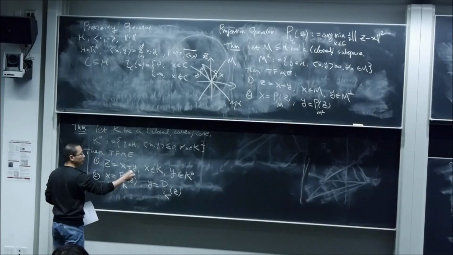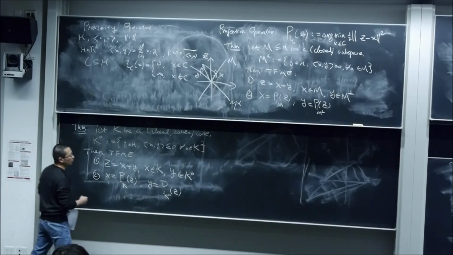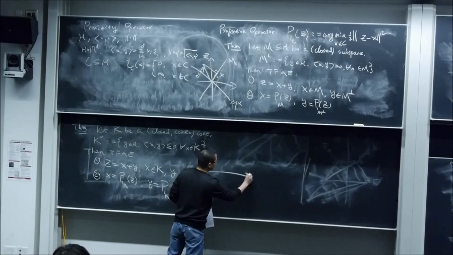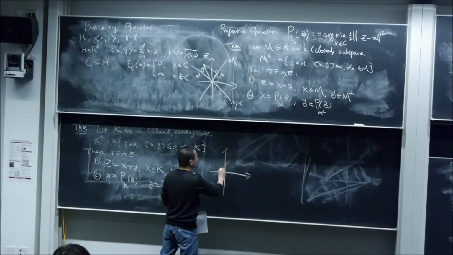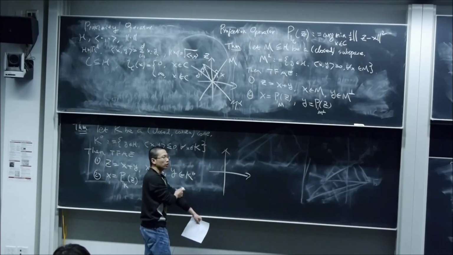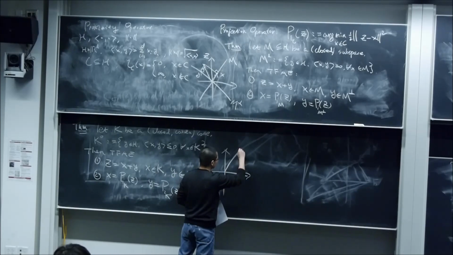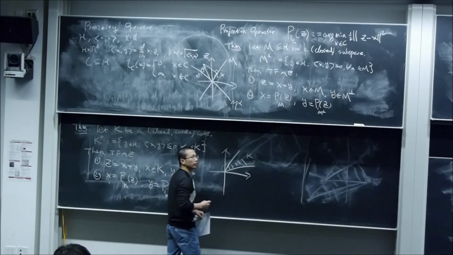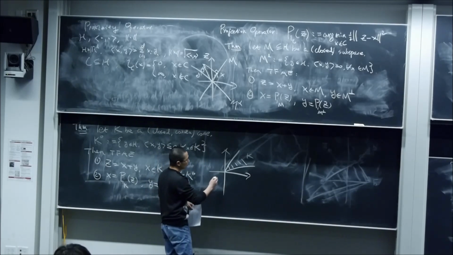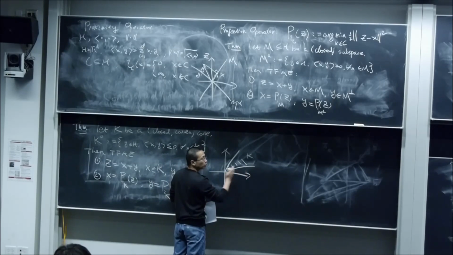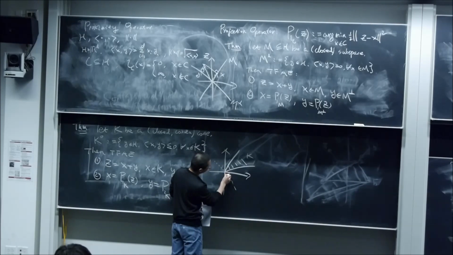An example, a picture would be this. Let me draw it here. You have a 2D space again. Now instead of a subspace, we have a cone. A cone would be, for instance, this one. This is my K. What's the polar cone? You take the extreme rays and draw an orthogonal complement here, you take the other extreme ray, you get another orthogonal complement here. So the polar cone will be something like this.